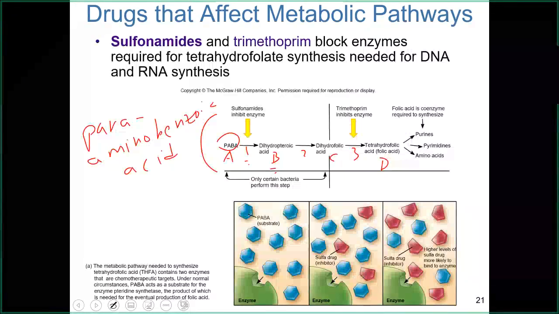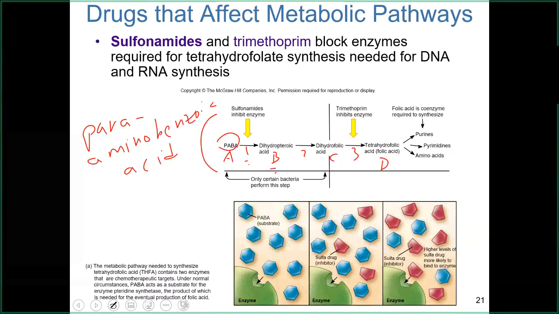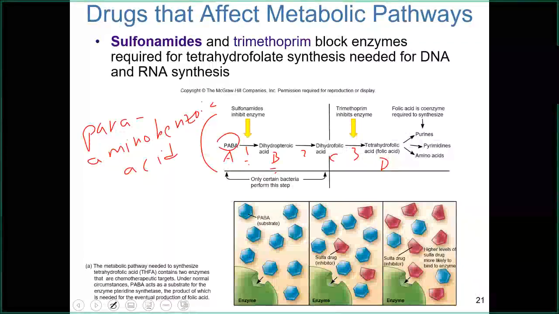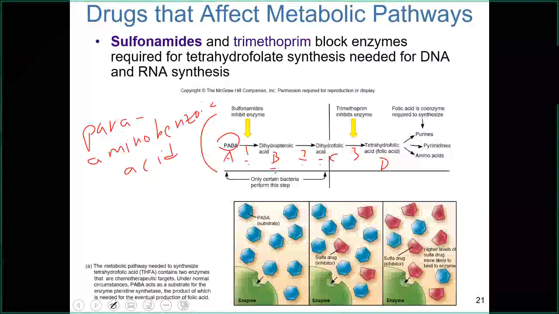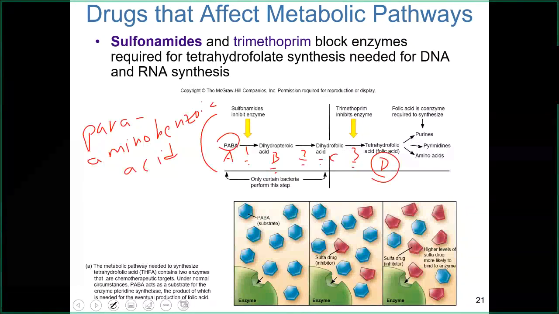The bacterium doesn't use that directly, but it can convert it into this stuff here, dihydrofolic acid, right? Or it's sometimes called dihydrofolate, okay? And enzyme 2 catalyzes that conversion. And then dihydrofolate, or dihydrofolic acid, C, is converted with enzyme 3 here to the final product, D, which, lo and behold, is folic acid, right?